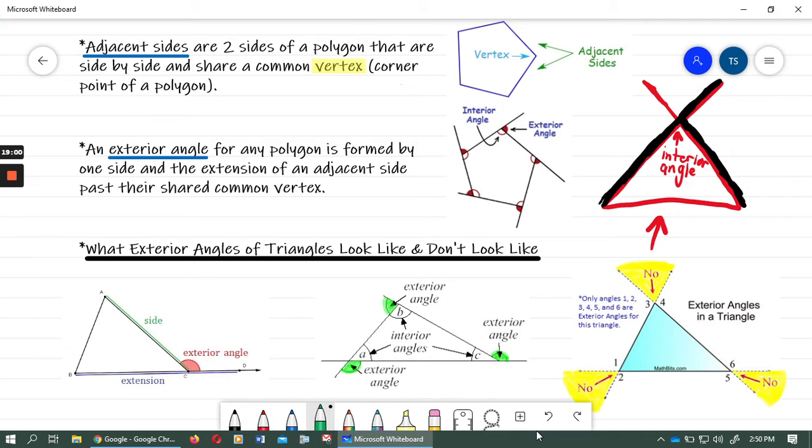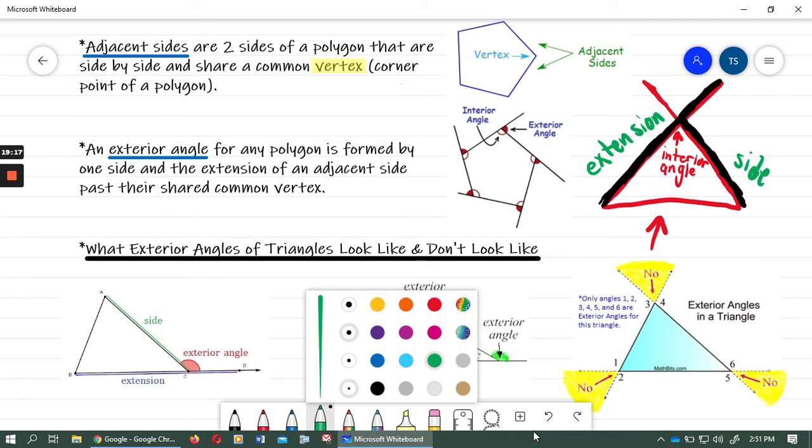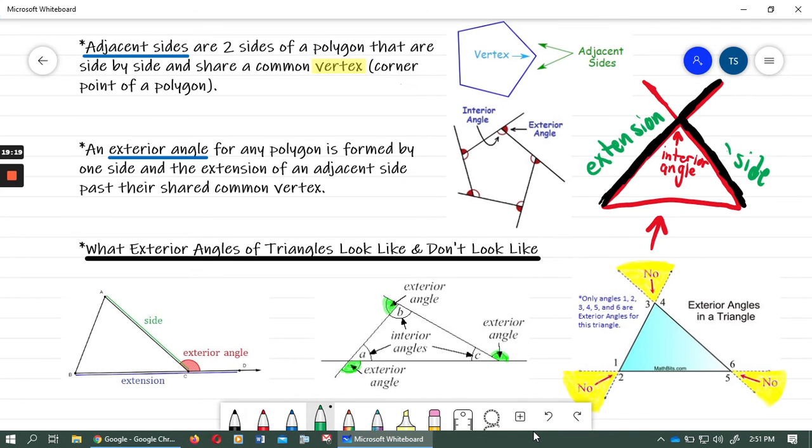Folks, the exterior angle that's formed by the side and the extension of an adjacent side, just to show you real quick, that's formed by that side. Yeah, I know that's sloppy. Let me make that a little bit smaller. That's formed by this side, and this extension of this adjacent side.